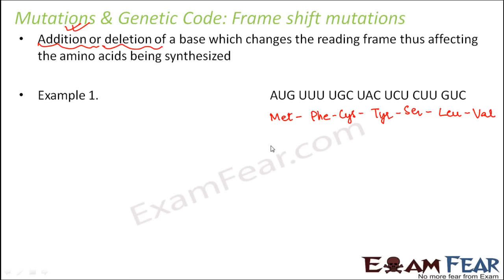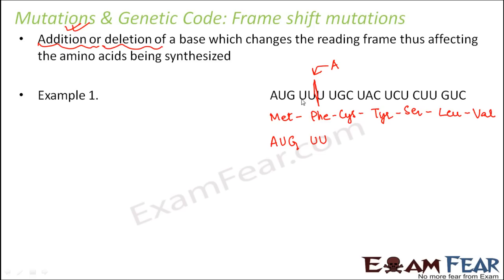Now let us suppose that the change it encounters is that we insert an additional base at this position. Let us suppose at this position we insert A, that is adenine. So what would be the new sequence? Now the entire sequence is going to change because a codon will always be a group of 3.